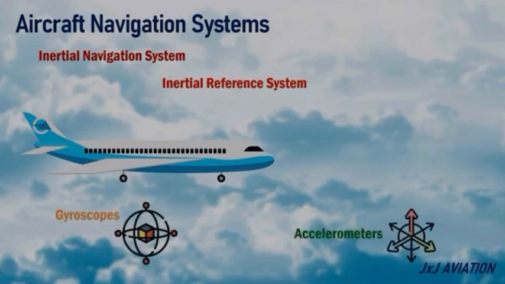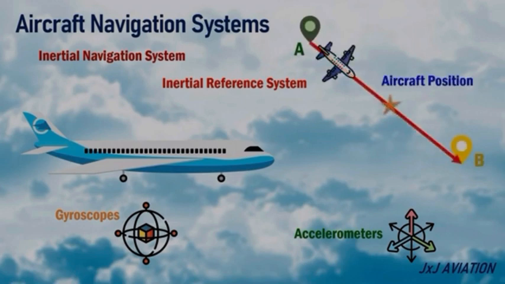We are not tied to the ground-based NAVAIDs, as we said before. So as an example, let's say we have a route from A to B, but in between we need to fly to point C and then turn towards point B. So from A to B we need to fly to another point, and it's based on the NAVAID infrastructure that we have on the ground, mainly, for example, VOR, and it can be an NDB, it can be an ADF, anything.